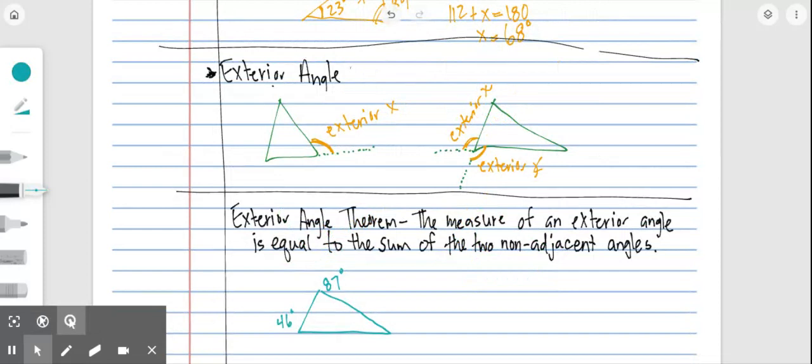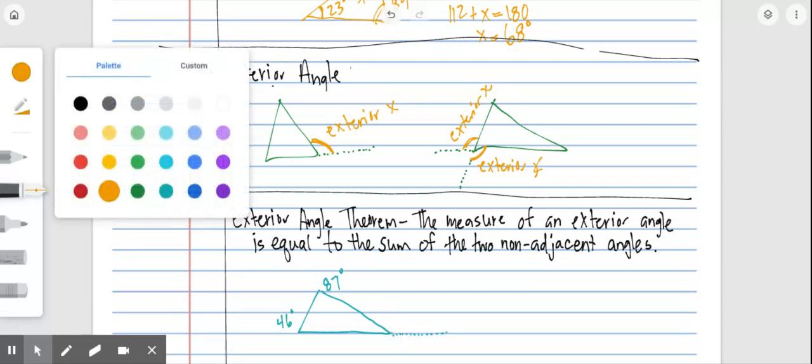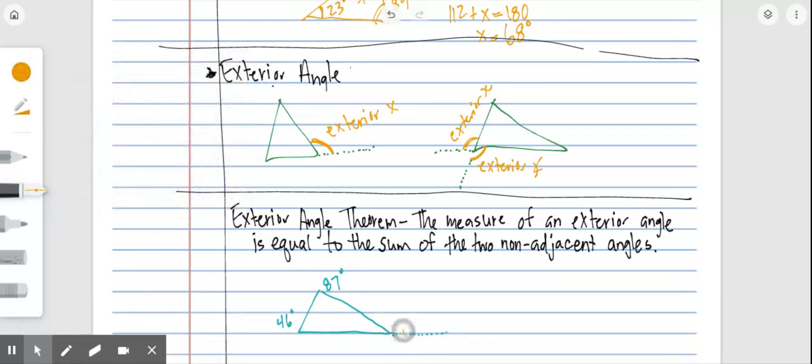All right, the exterior angle theorem says the measure of an exterior angle is equal to the sum of the 2 non-adjacent angles. So let's say I make this exterior angle over here. I extend that bottom line. And then my exterior angle is this one right here. This says that this exterior angle x is equal to the sum, which means addition, between these 2 non-adjacent angles.